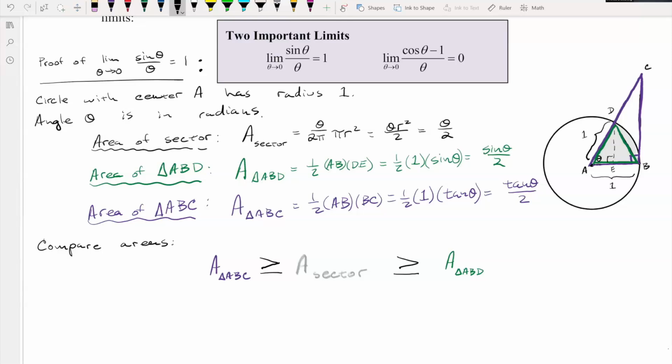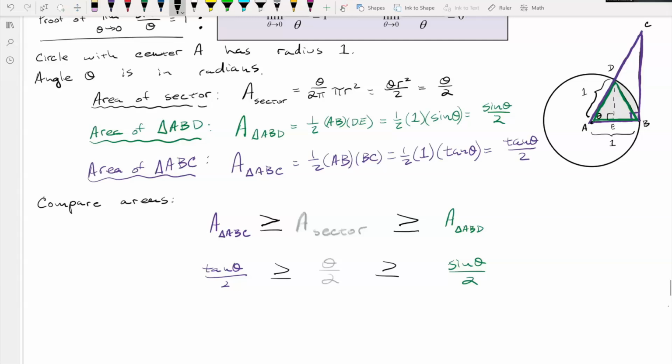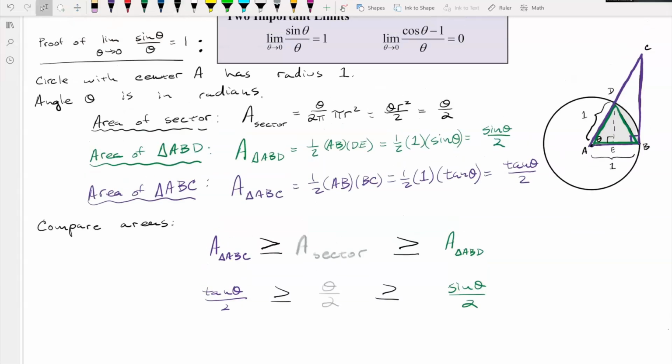But anyway, let's go ahead and plug in what we know. We know that this one is tan theta over 2. We know that this one is sine theta over 2. And the one in the middle is just plain theta over 2, like that. And here's what our goal is. Our goal is to get sine theta over theta in the middle.